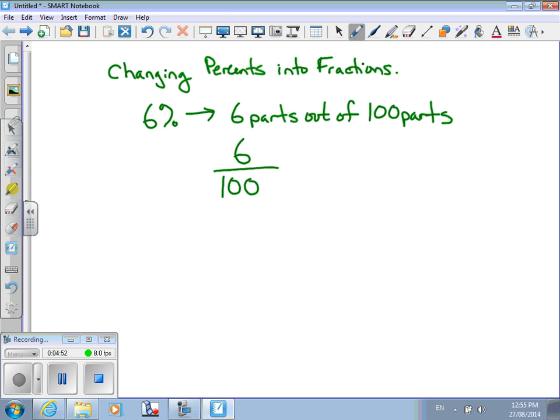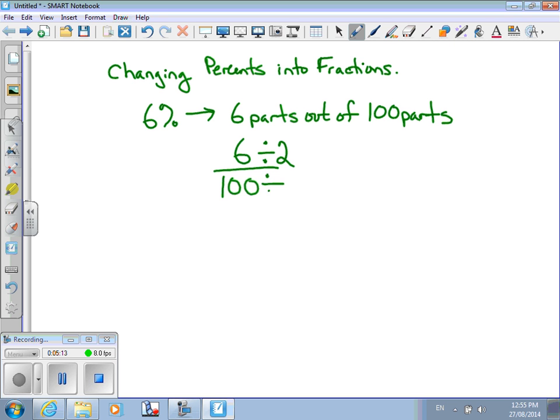6 100ths. Now you may have noticed that the fraction we created can be reduced down to lower terms. And again, you've learned how to do that in previous lessons. I see that 6 is an even number, 100 is an even number, so they should both be divisible by 2.